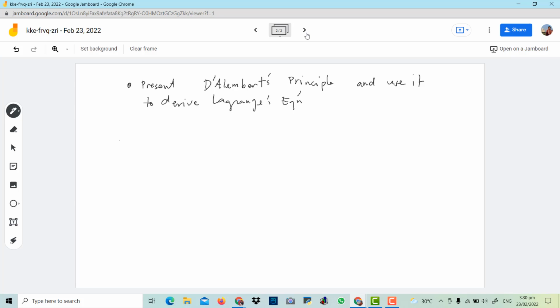First is Hamilton's variational principle. Take note, the concept used in Lagrangian mechanics is different compared to Newtonian mechanics. Newtonian mechanics is just F equals ma, and that's it.